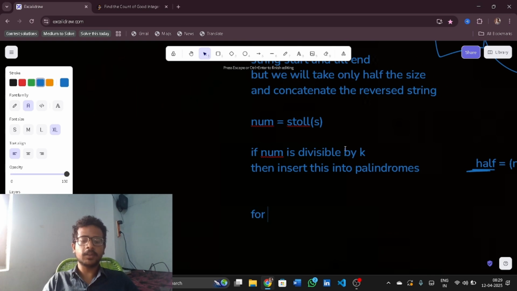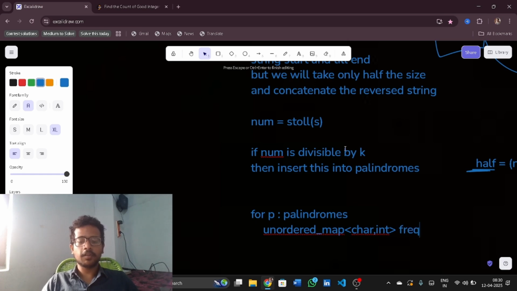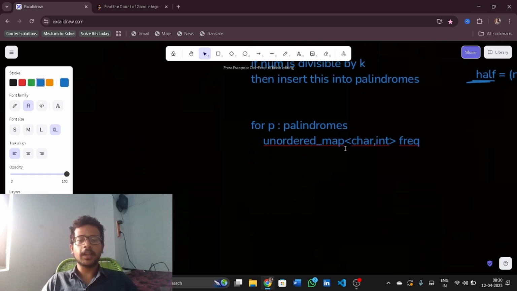Now I need to do something for every palindrome in palindromes. I take a vector of int, or an unordered map of character to int, to get the frequency of every character, and I take the total count minus the count with leading 0. Don't be confused if in the code I have given different variable names.